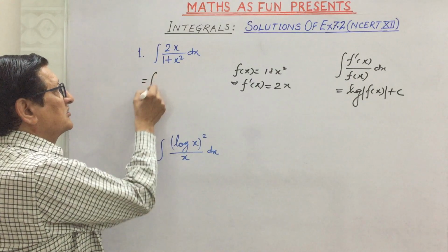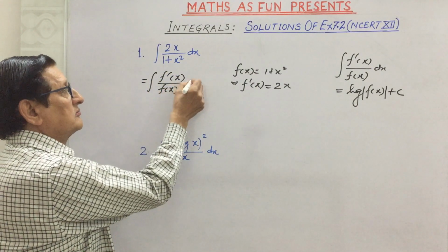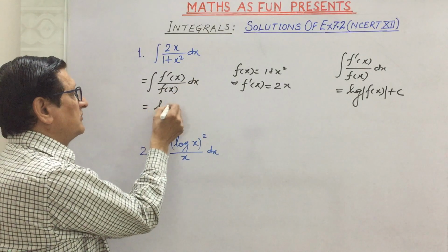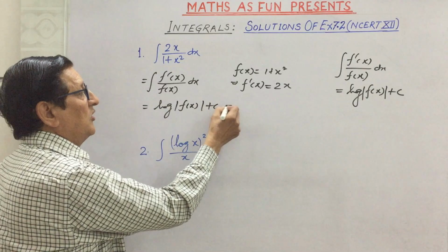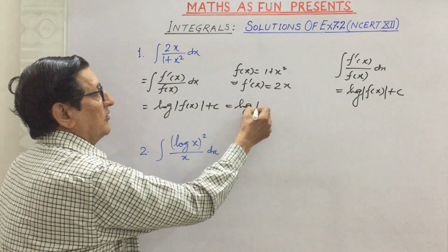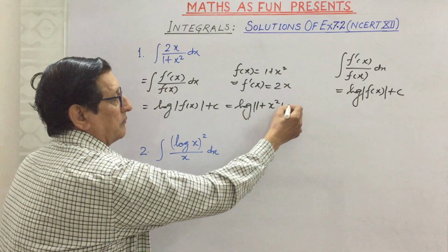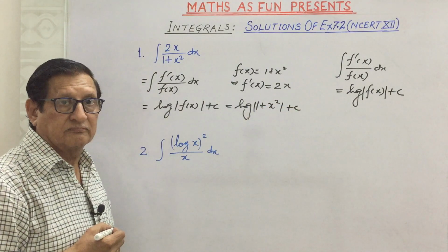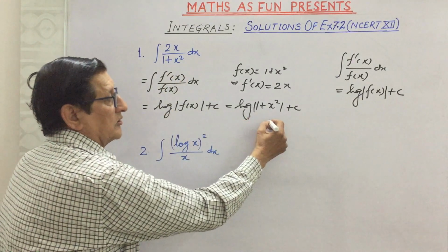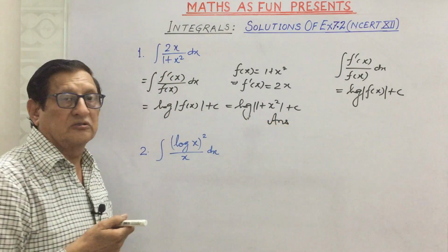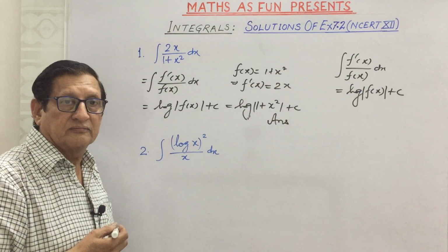So we can write this as f dash x upon f x, and then the answer comes as log of f x plus c, or we can say log of 1 plus x square plus c. This is one of the methods we can use to find the solution if we apply this particular formula.